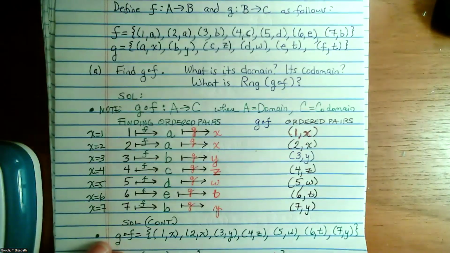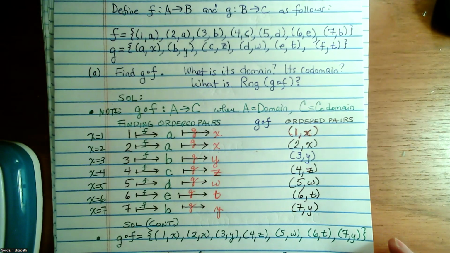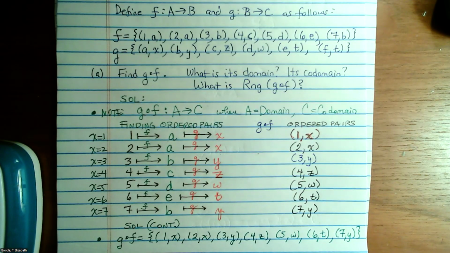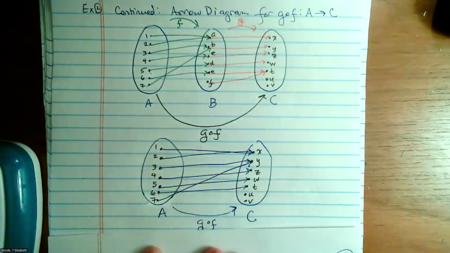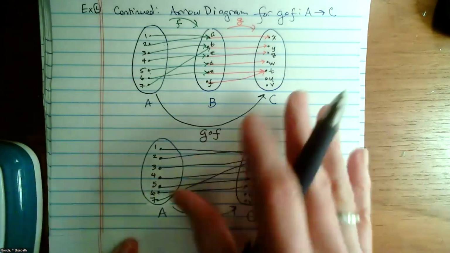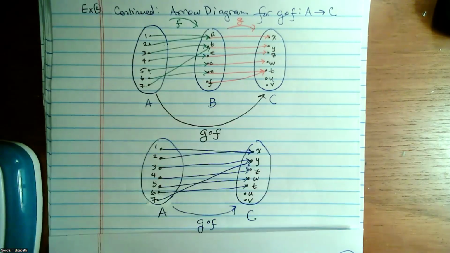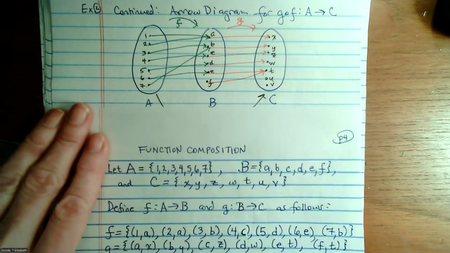Well, let's just stick with this example. I'd like to show you how the arrow diagram can be drawn for this particular example. And then we'll ask some questions. Just to save time, okay? So you can think of kind of a double arrow diagram where you first draw the arrow diagram that shows what F does. Here, I'll put the definition of F and G up where you can see them.